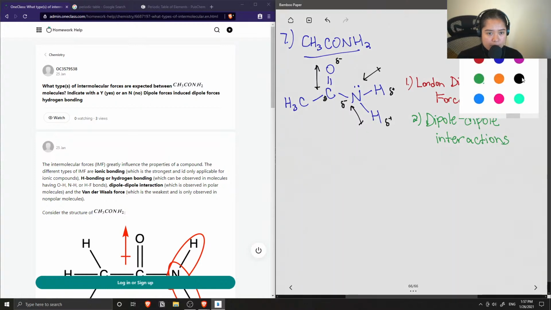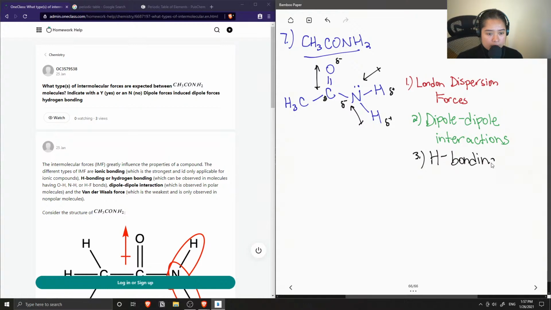And a more specific dipole-dipole interaction is something called hydrogen bonding. In order for hydrogen bonding to occur between molecules, we need hydrogen that is bonded to a more electronegative element.